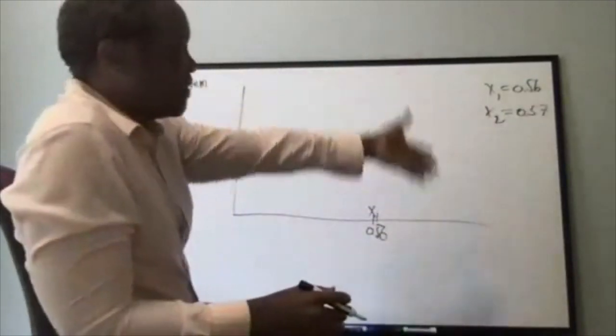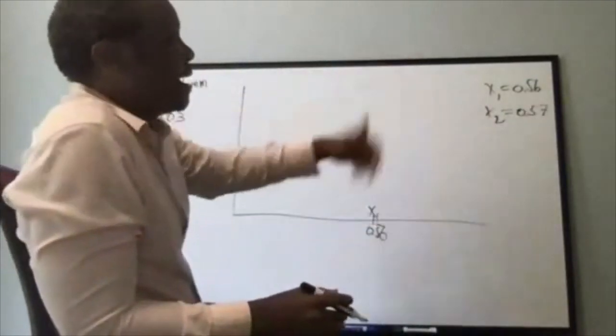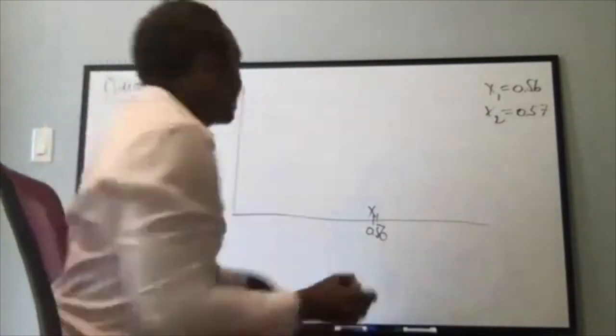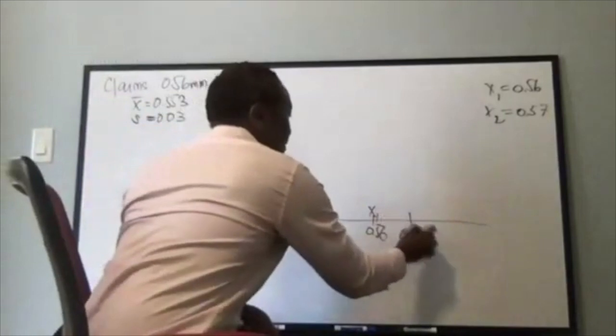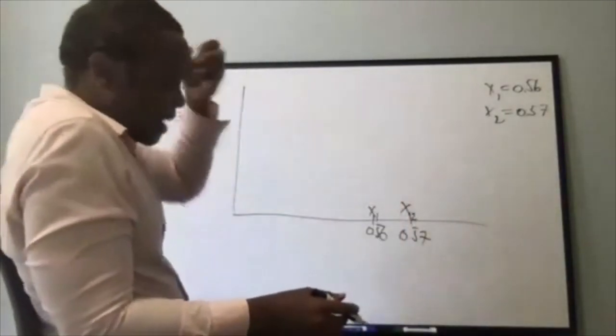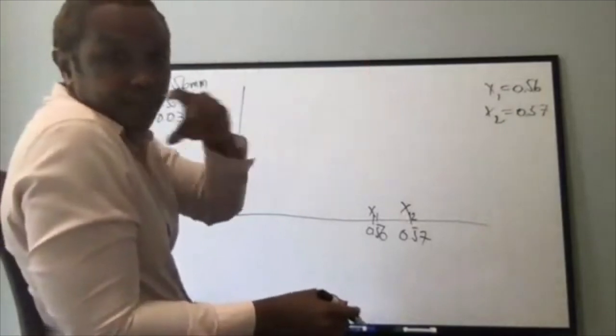Now you're saying, where are these values coming from? I'm just making them up to prove a point. And let's say 0.57. So that's X2. Now I can go through, let's imagine there are like 1 million pieces of chalk in the shipment.